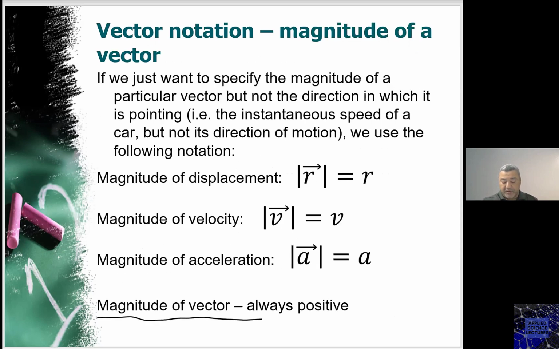Vectors have their magnitude as positive, and the way we write the magnitude is either this way or that way with no vectors. Same thing for velocity, same thing for accelerations. All those are vectors.